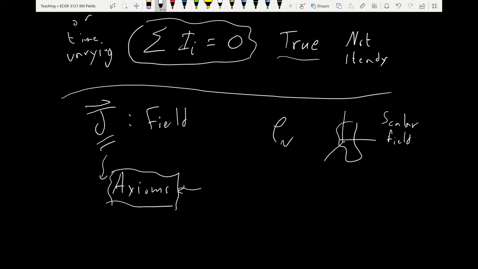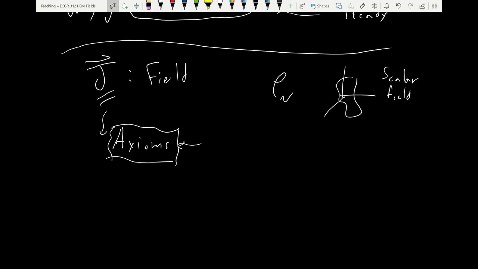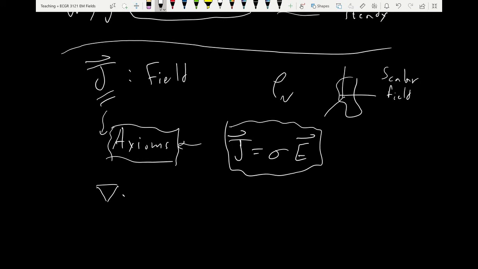So we want to build new axioms based on the electrostatic axioms. And how can we build them? It's easy. We can just use J equals sigma E, this empirical relationship, to guide us on what the axioms for steady current need to be. So I'm trying to find the axioms for steady current.